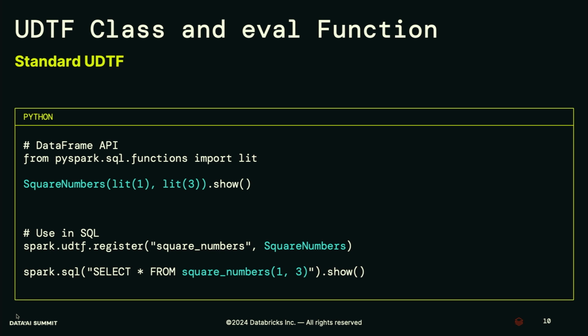After the registration, we can use this UDTF within SQL to get the desired result. This method integrates the UDTF seamlessly into your SQL workflows, providing greater flexibility and ease of use in complex data processing pipelines. Both methods are demonstrated in the code snippets.